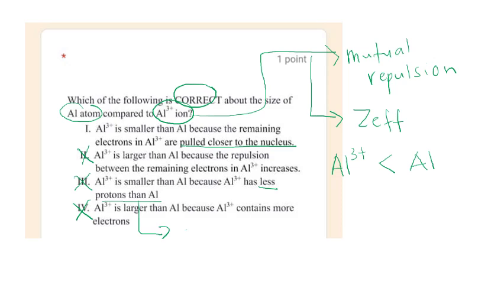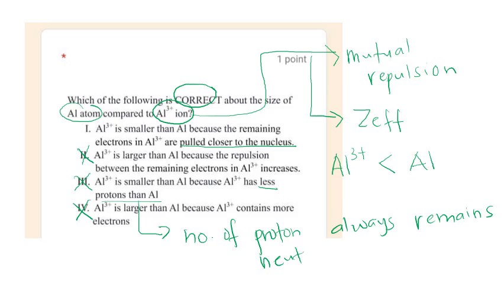The number of protons always remains, as well as the neutrons. In chemical reactions, most of the time it involves electrons, so the number of electrons can change. Because you already lose 3 electrons, the remaining electrons will be pulled closer to the nucleus. So option 1 is the answer.